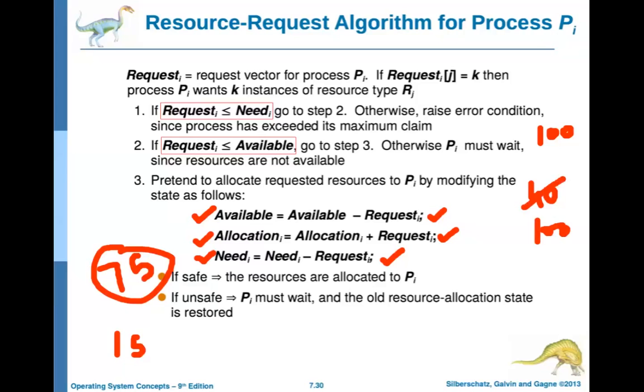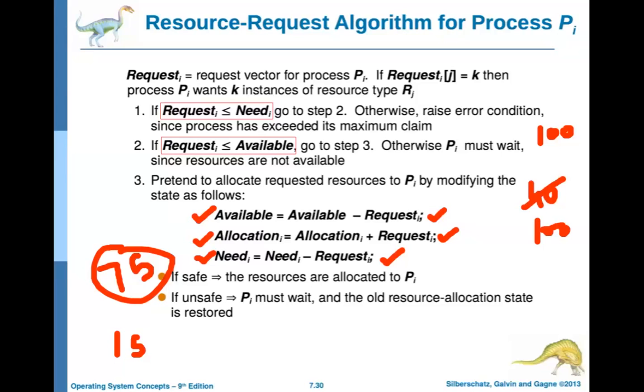And now what is need? Previously my need was 60, so 60 minus 60 is 0. That means I don't need anything. That is how it works.